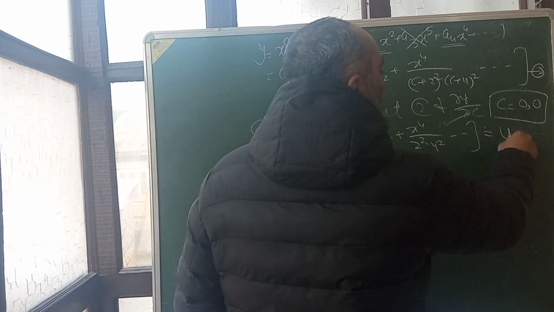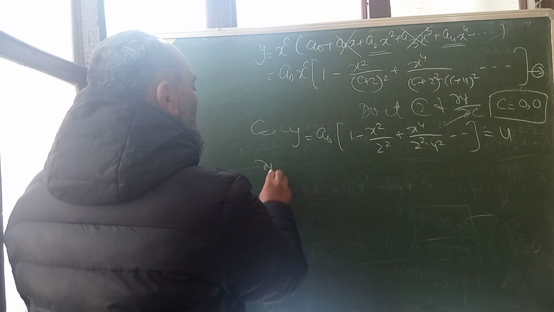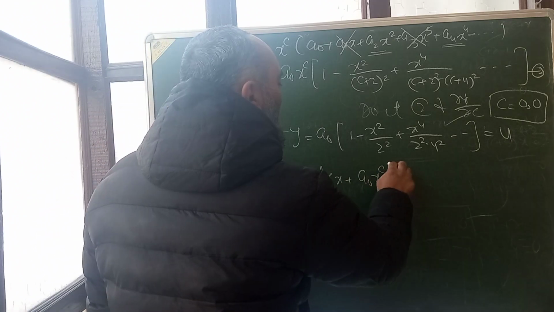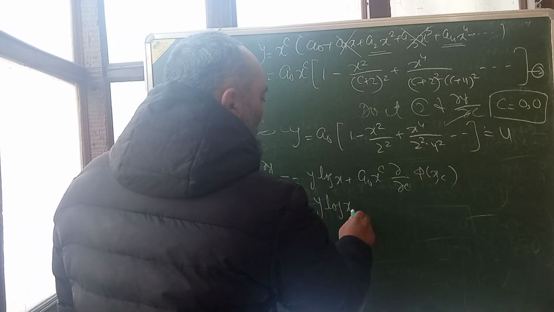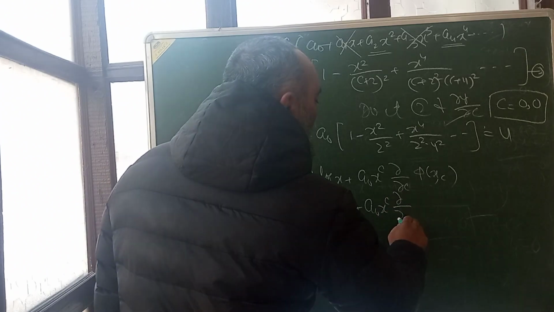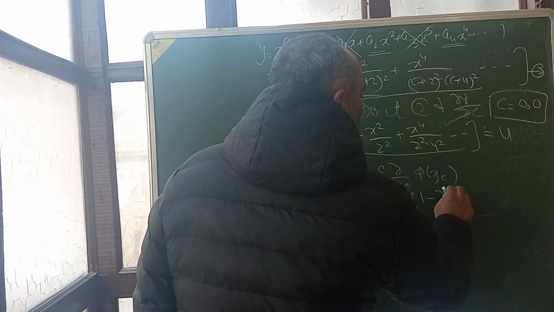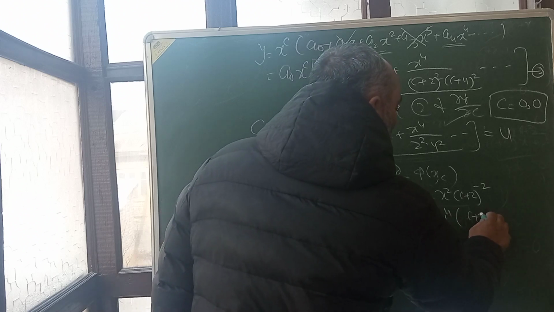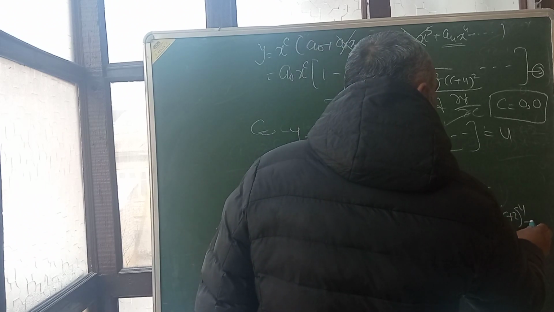This is the first solution, say U. For the second solution, del Y by del C is Y log x plus A0 x raised to power C, del by del C of the function of x and C. That is, Y log x plus the derivative of 1 minus x square (C plus 2) raised to power minus 2, plus x to the 4 (C plus 2) raised to power minus 2 (C plus 4) raised to power minus 2, in UV form, and so on.